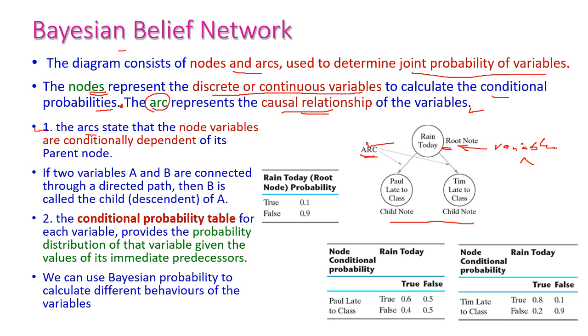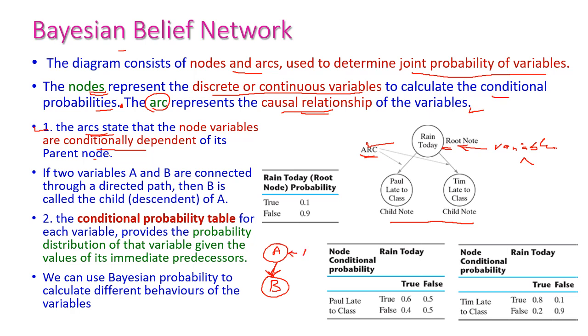Here the arc states that the node variables are conditionally dependent on their parent node. For example, we are having two nodes A and B, connected with one arrow. So this is a directed acyclic graph now.